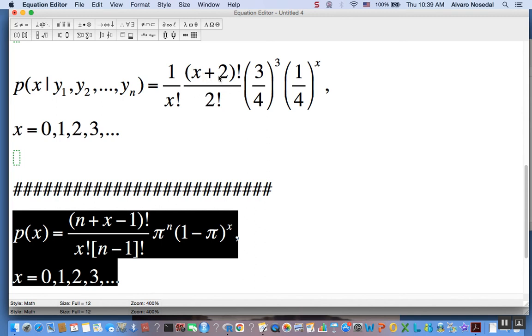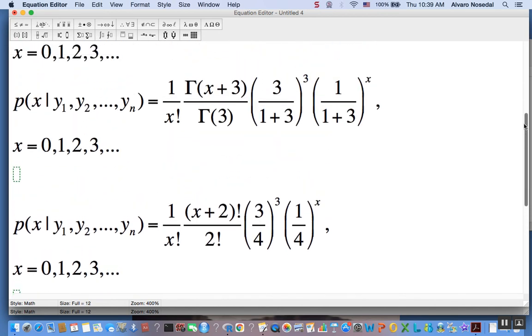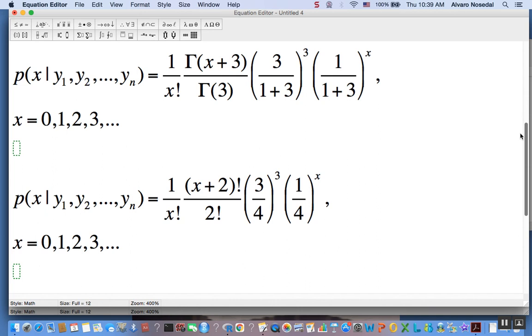So again, this posterior predictive distribution happens to have one of those popular distributions, those that we studied back in STA360 or STA257. Okay, let me just point that out.